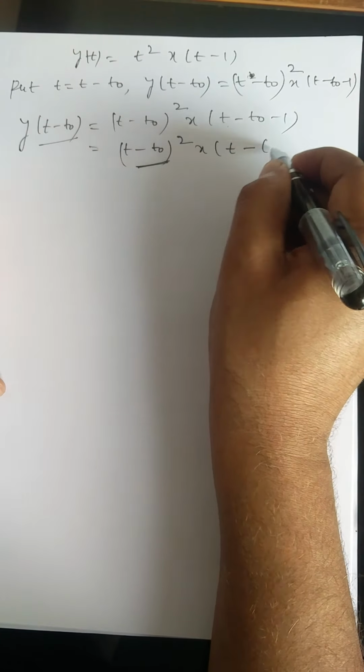Next, stable or unstable. For a bounded input, you should get a bounded output. For example, if you have x of t bounded, less than infinity, what is y of t here? y of t equals t square x of t minus 1.